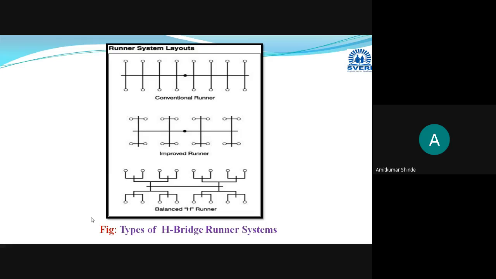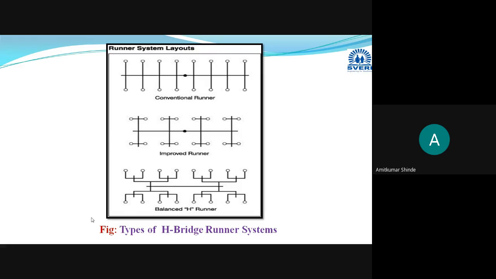Now we will move toward the next. Single cavity, multi cavity mold we have discussed. Two plate mold, three plate mold we have discussed. Now we will discuss the runner arrangement.